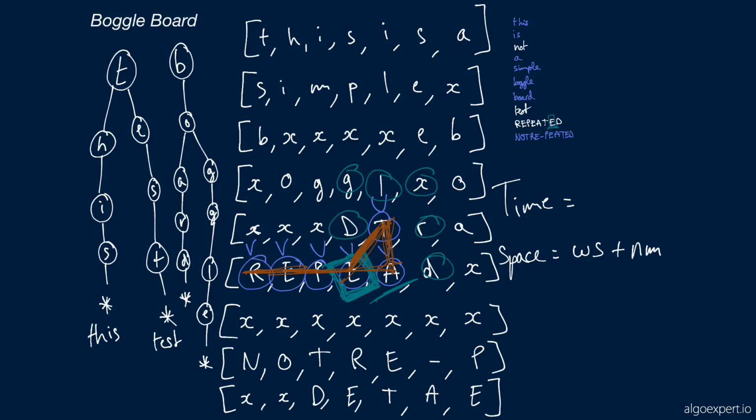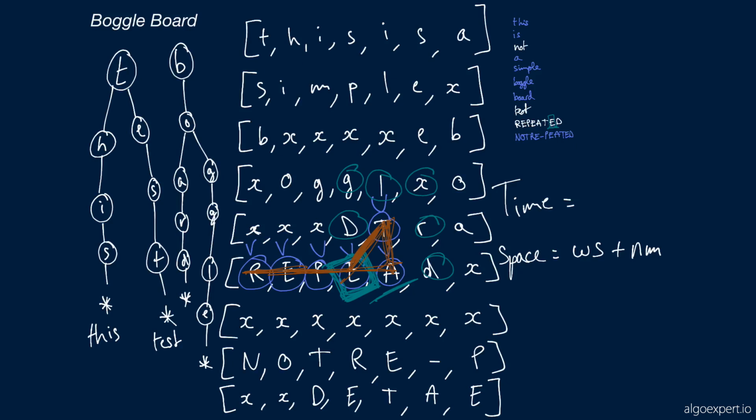Is there any other space that we're using? Well, we're also returning a list of final words, but that's not going to surpass, that's going to be 2WS. So that's not really going to do anything. We might be storing our final words in a hash table if we don't want to duplicate them, but that's not going to do anything. And lastly, we're going to have recursive function calls, right, as we kind of explore through the boggle board.